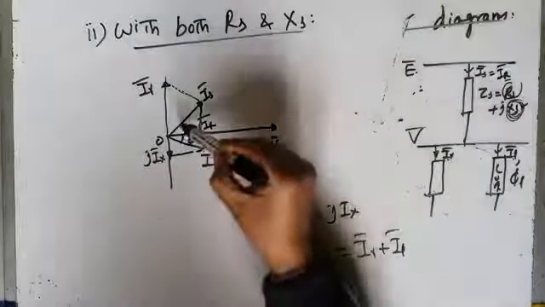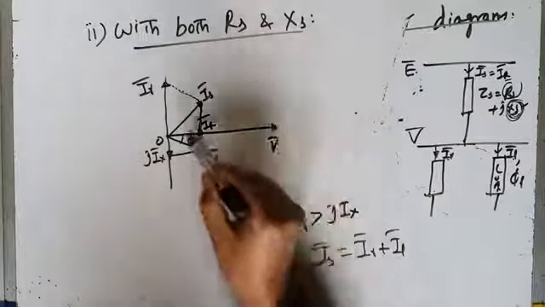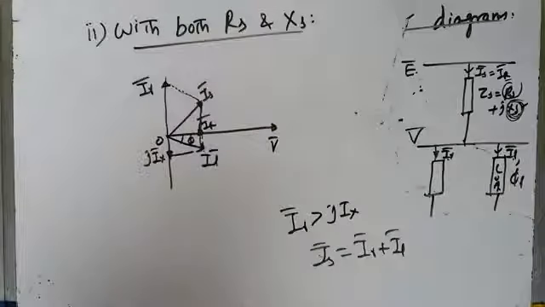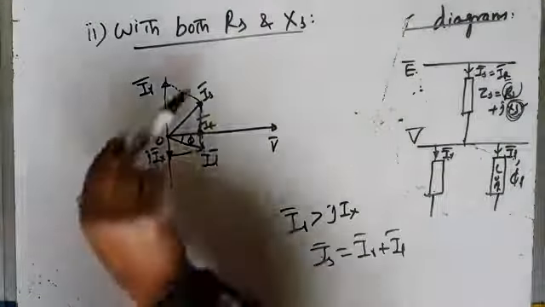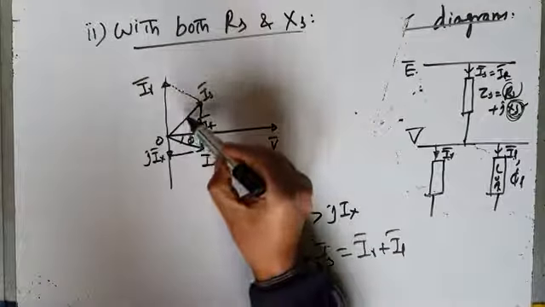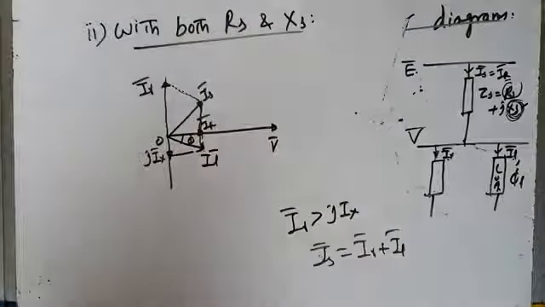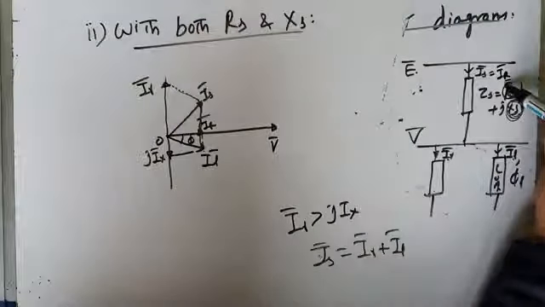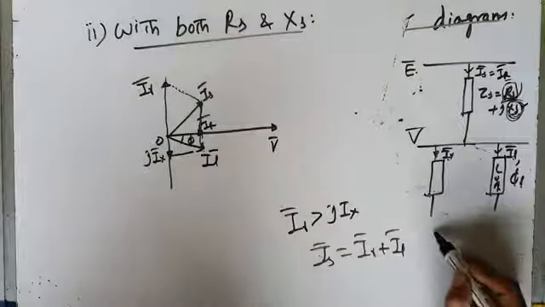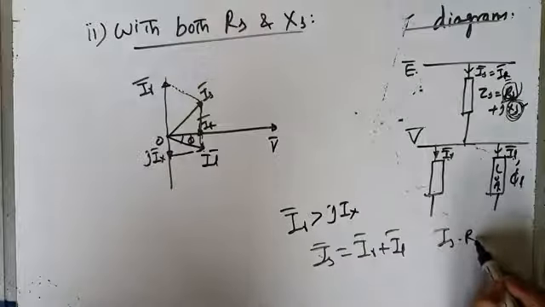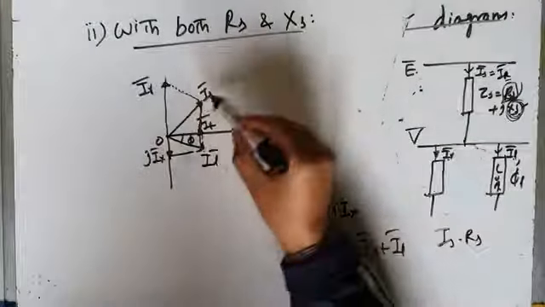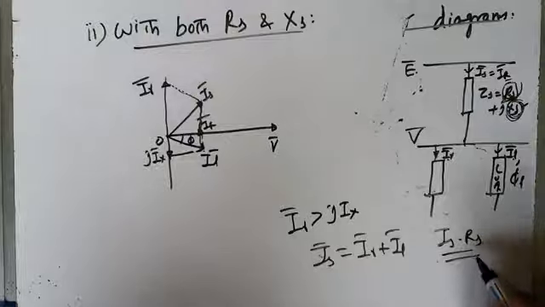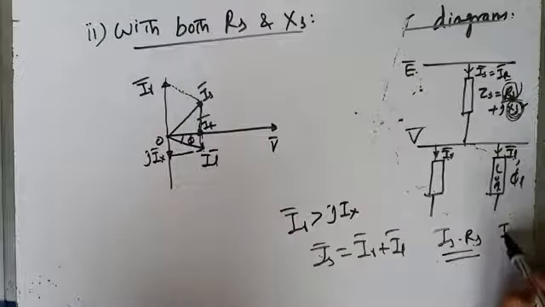So if this is your IS, IS leads the voltage now, it does not lag. We are not at unity power factor now, we are at leading power factor now. Since IS leads the voltage, when it flows through the feeder resistance, it causes an IS into RS drop, which is in phase with IS, because the voltage across a resistance is in phase with current.